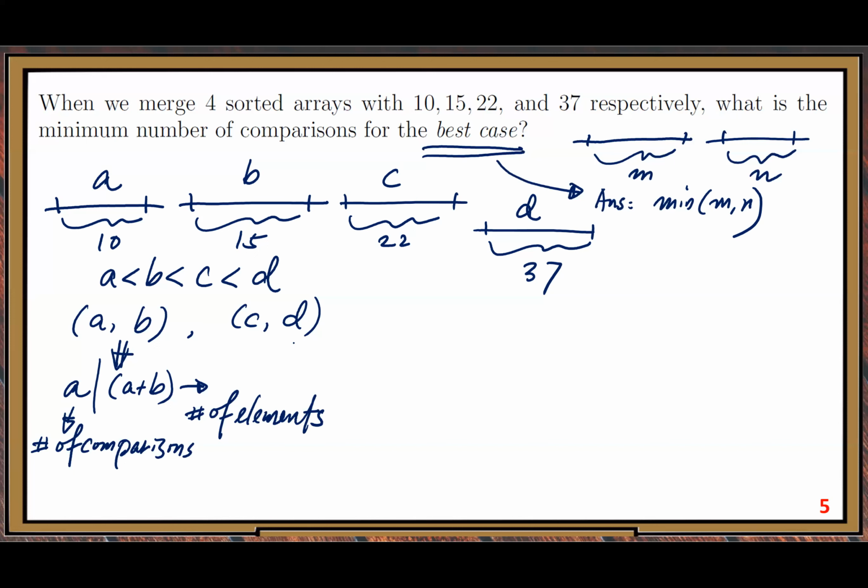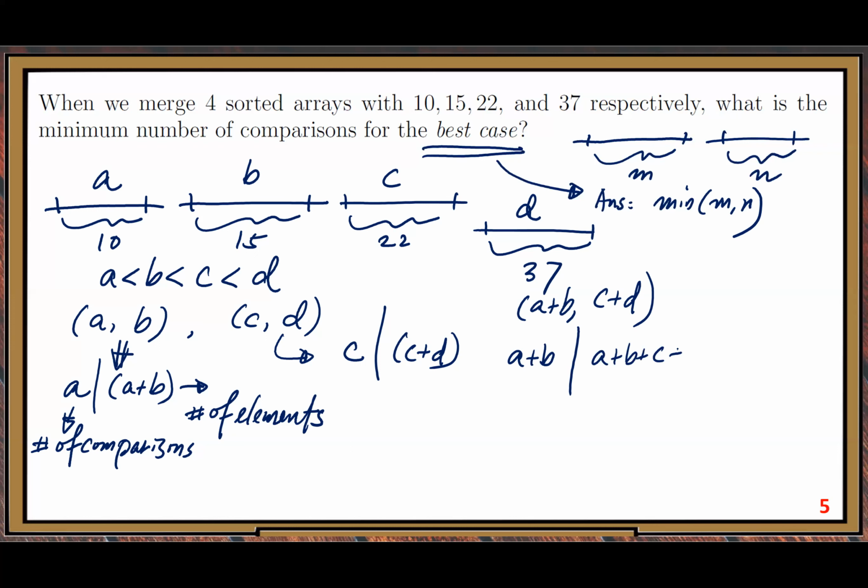Similarly, for C and D, after the merge, we get C comparisons with C plus D elements. Then we merge the A plus B subarray and the C plus D subarray, with A plus B comparisons and A plus B plus C plus D elements.